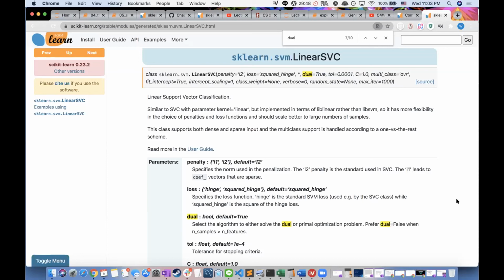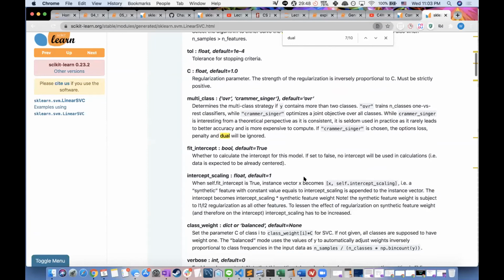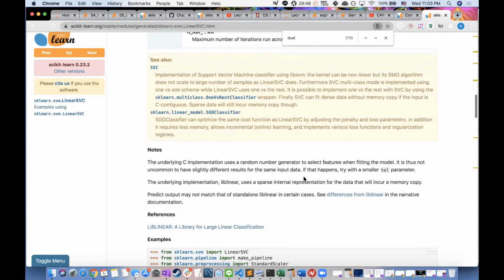And also you have a linear problem, so you wouldn't think you need a kernel. You don't need the kernel trick. Yeah, exactly. So he doesn't use kernels in any of this. So I did that, and in the process found out that dual equals false doesn't work with loss hinge and L2 regularization. So when dual is false, you leave the loss as hinge squared, which is the default, by the way. Ah, okay.